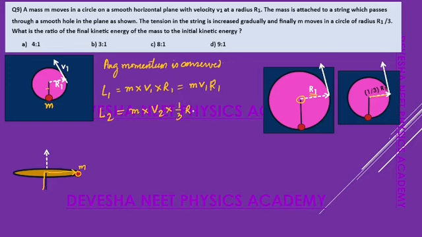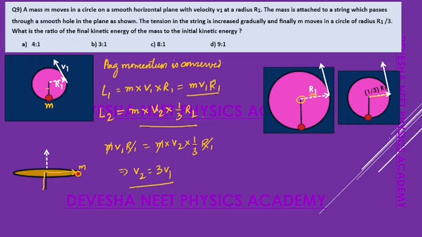Since the angular momentum is conserved, m v1 r1 is equal to m v2 times 1 by 3 r1. So r1 gets cancelled, m gets cancelled, and v2 is equal to 3 v1.